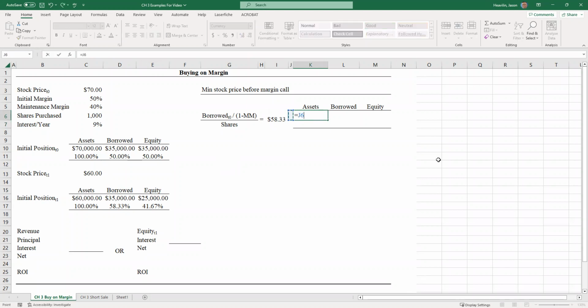So we take a stock price of 58.33 and multiply by 1,000 shares, your total assets are now 50,333.33. The amount borrowed is still the same.